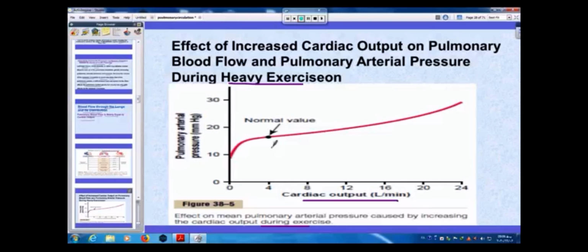The normal value is here, and it shows the pulmonary arterial pressure is normal. After the change in cardiac output, the pulmonary arterial pressure is not changed. But when the cardiac output becomes very high, this causes the pulmonary artery pressure to increase.